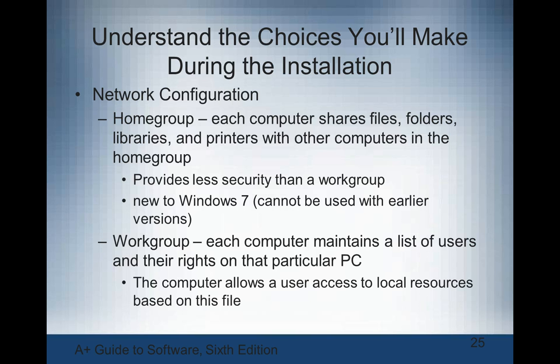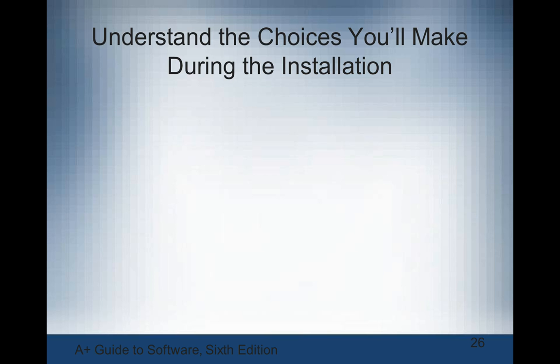We've got 3 machines, and instead of trying to put everything on every machine, put it on a home group and share it. You don't have to have it in one place, and you can access it from any location. It's pretty straightforward to set up. You set up the home group password, then you join the home group, put in the password and you're in. You can see everything.